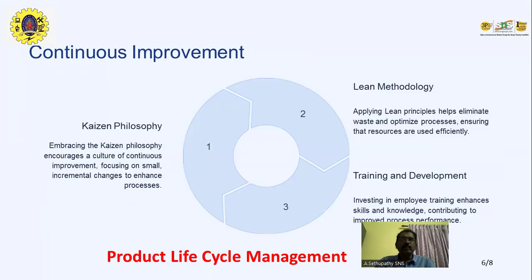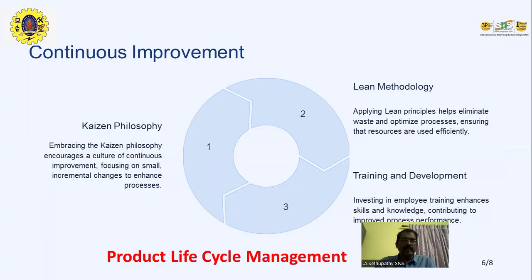So continuous improvement is needed for the process parameters and process selection. The Kaizen philosophy is followed in every product manufacturing system, and lean methodology to reduce scrap and eliminate waste.